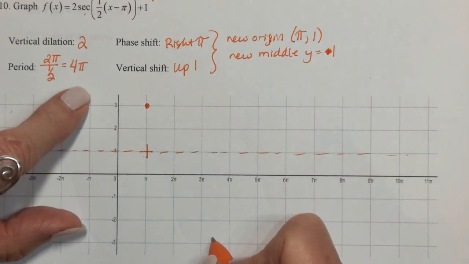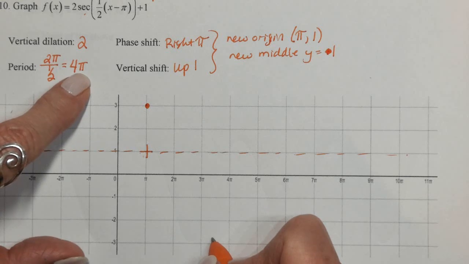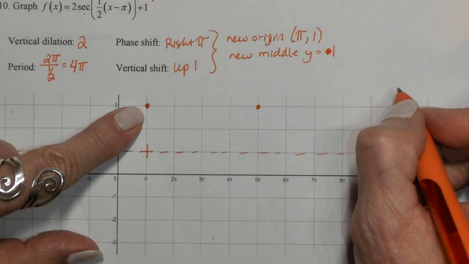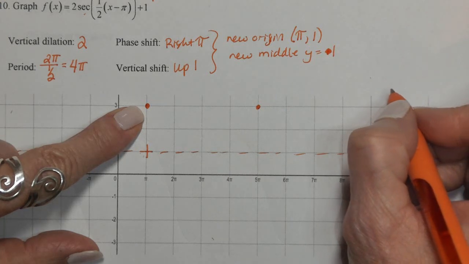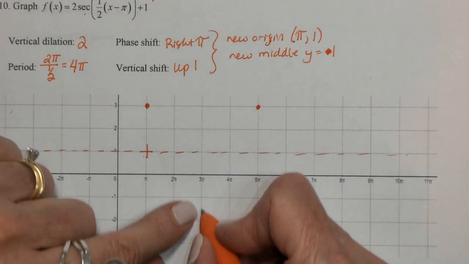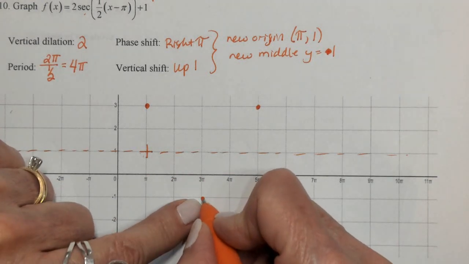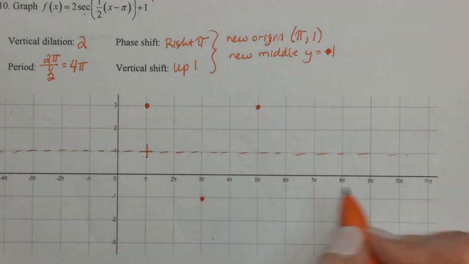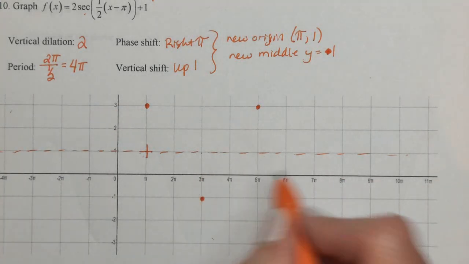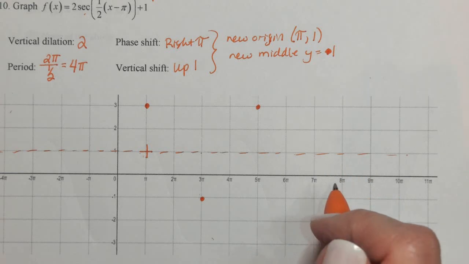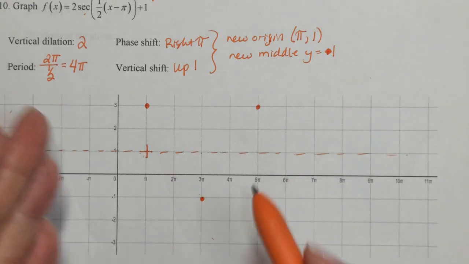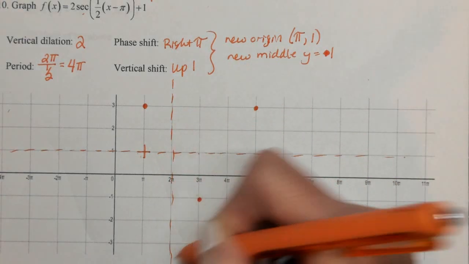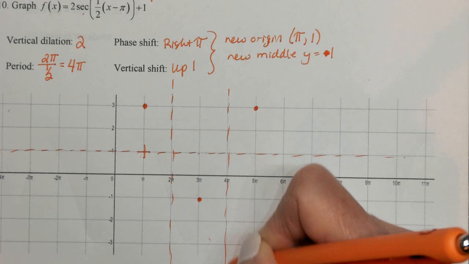After the period, we'll be back there. So after 4 pi, we'll be back there. Halfway through, we're at the negative vertical dilation for secant. And then halfway between those, that's where we have our vertical asymptotes. So vertical asymptote here and here.